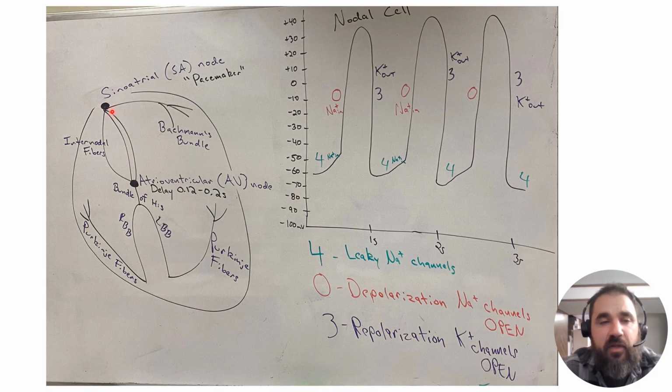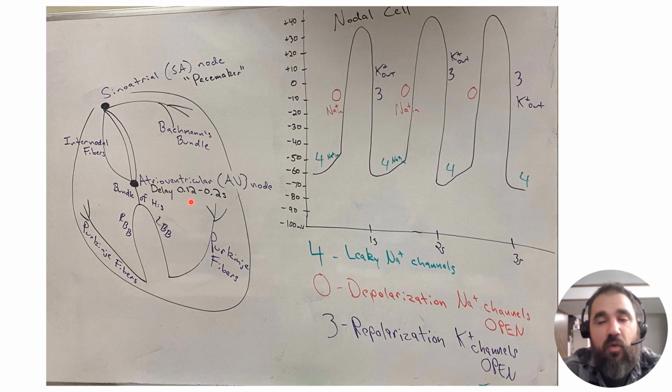So the SA node, the depolarization is carried to the left atrium through Bachmann's bundle. Internodal fibers pass through the right atrium, and Bachmann's bundle to the left atrium. Internodal fibers carry the signal through the right atrium and to the atrioventricular node. So in the AV node, what's special about this? SA node's the pacemaker. AV node has a delay, I said earlier, 0.12 to 0.2 seconds, or we could say 120 to 200 milliseconds.